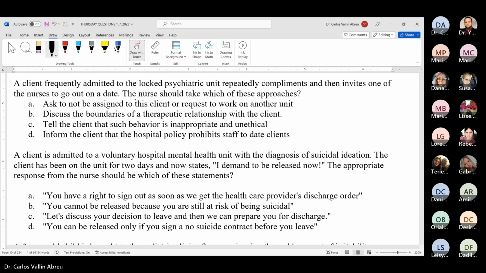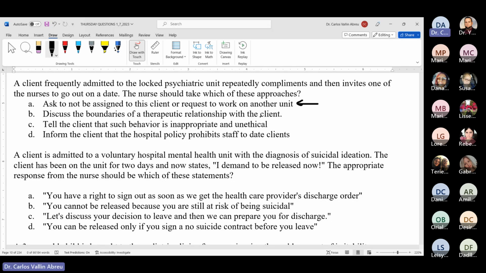And the client is insinuating to the nurse. Okay, so what you should do, ask to not be assigned to this client or request to work on another unit. Do you think that it is a justification to request to be exempted from this client?